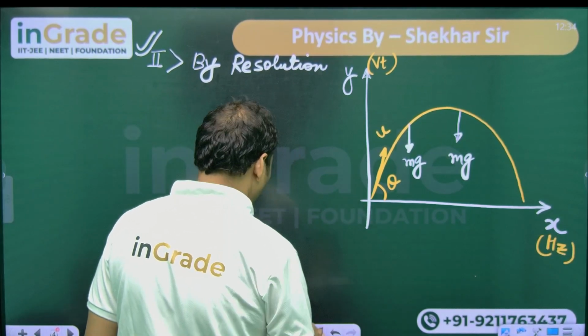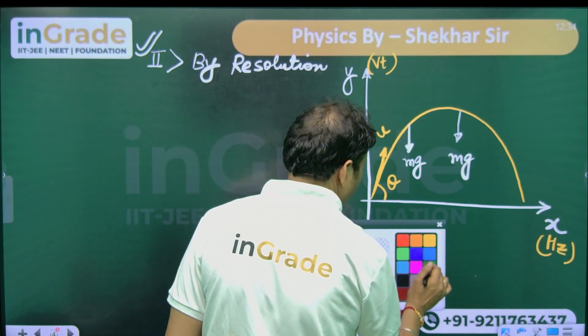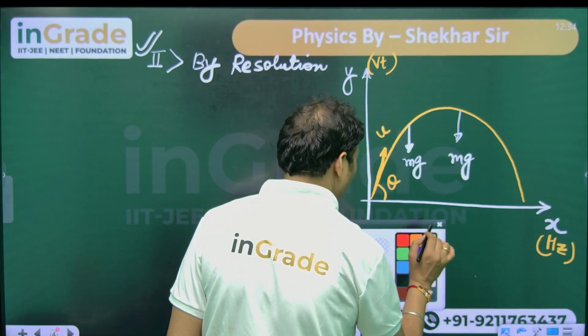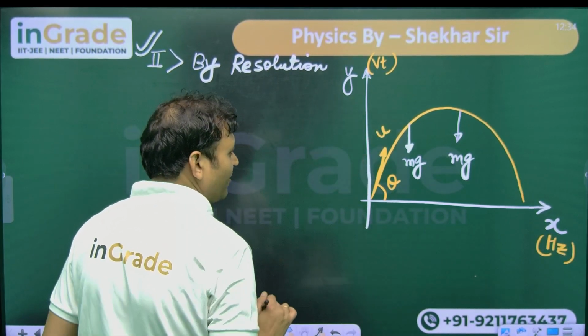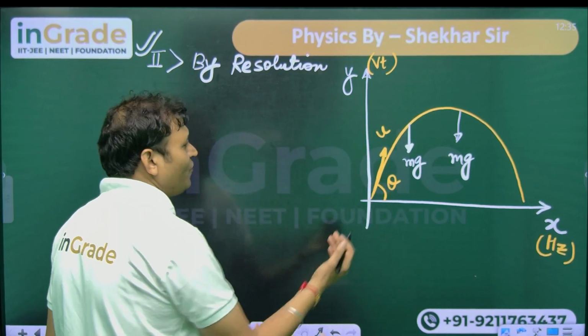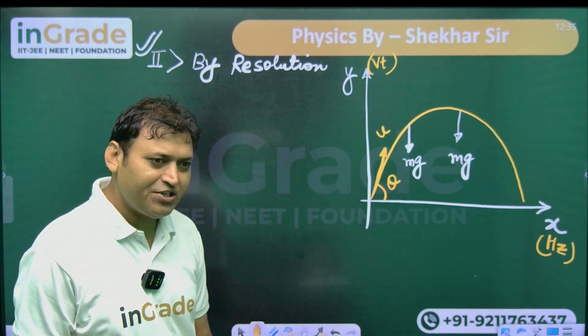So if we resolve this motion, this curvilinear motion, we can call it projectile motion. u is the initial velocity of the particle, theta is the angle which the velocity is making with the horizontal.